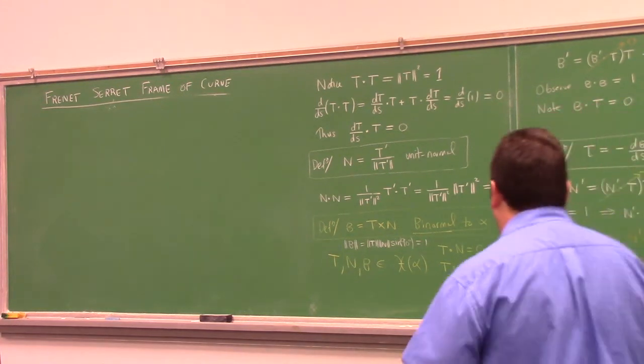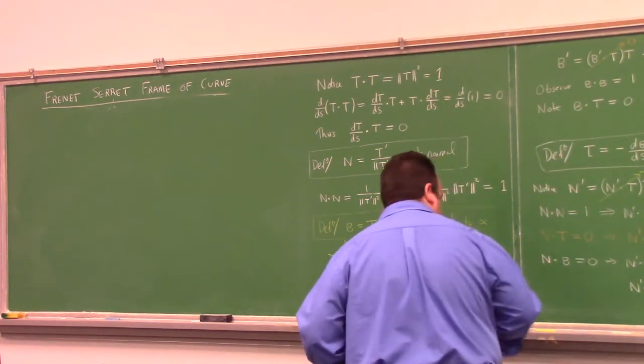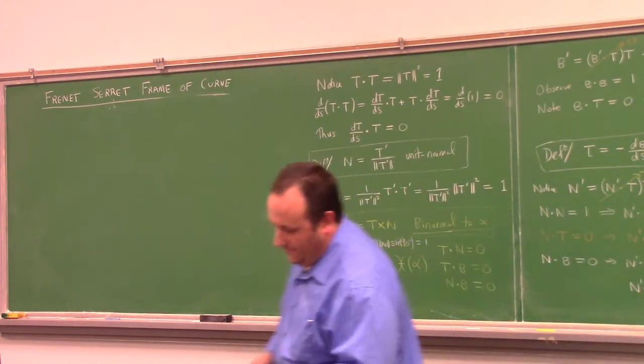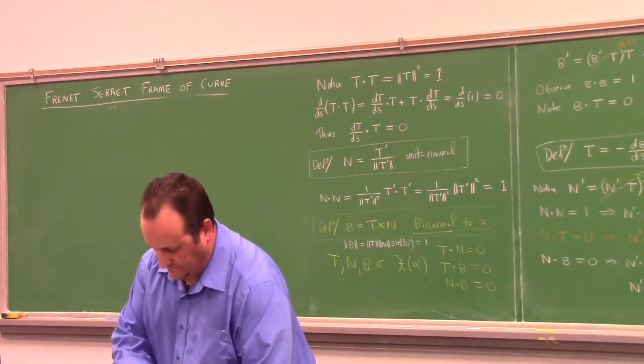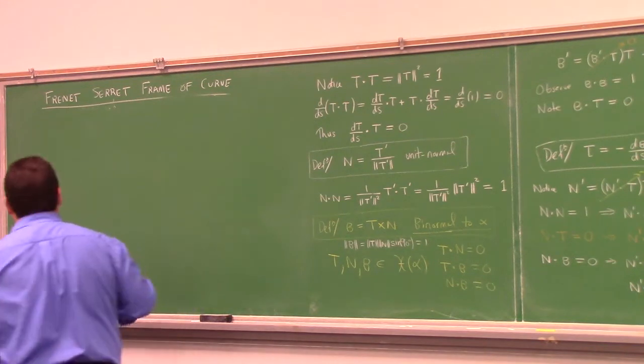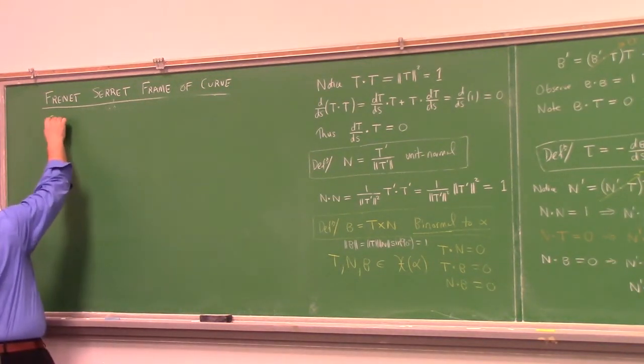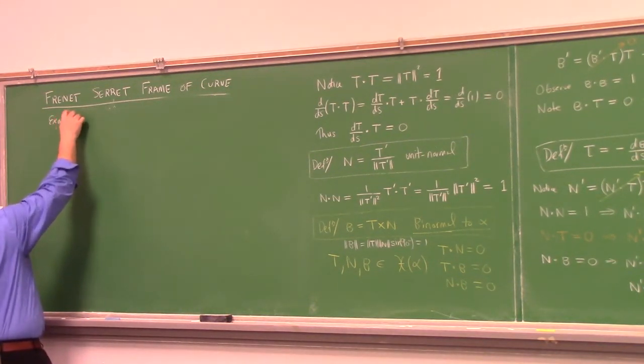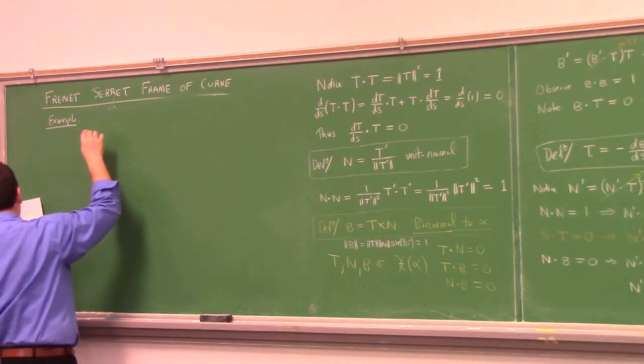So I think it's healthy for us at this point to work out an example. Let's do that. So we'll look at the example of a helix. And here it is.